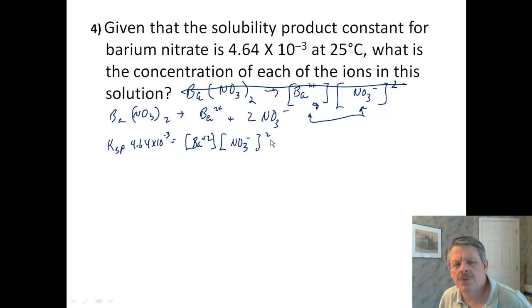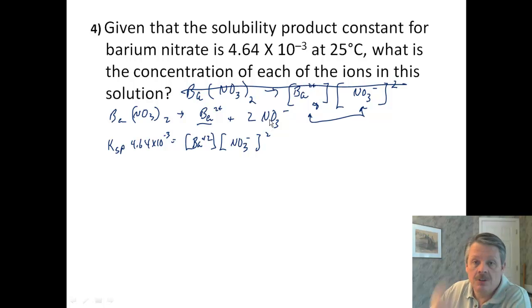So what can we figure out here? Well, there are a couple of pieces to put together. The first piece you need to know is when barium nitrate breaks apart, if I take the concentration of barium as being X, then the concentration of the NO3 is going to be 2X, right? Because you get twice as many nitrates as you get barium when it dissociates.